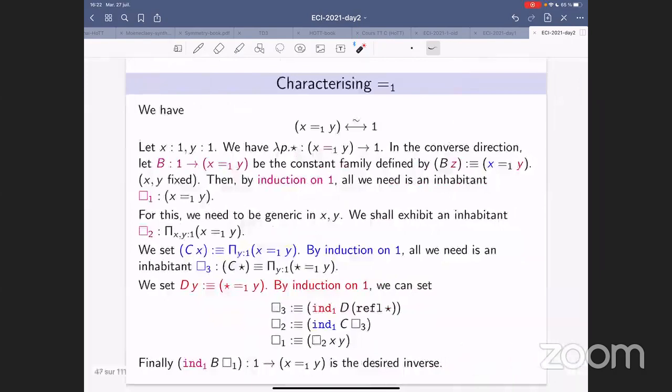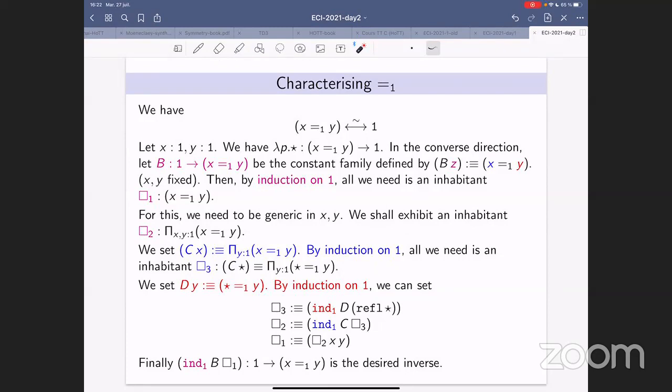Now I give another example. Can we characterize the equality type on 1? Okay, so here we will not reduce this to a smaller type because 1 is already a very small type, but we will prove that the equality type x equal y for arbitrary x and y of type 1 is equivalent to the type 1.